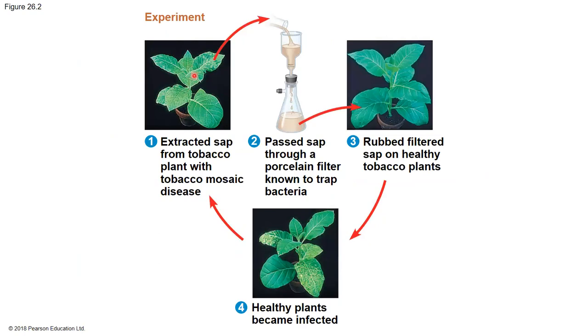This is a normal tobacco plant, and this is a tobacco mosaic plant that is affected by the virus. So Adolf Meyer showed that he could transmit the tobacco mosaic disease from one plant into another. Okay, how? This is the experiment done by Adolf Meyer.